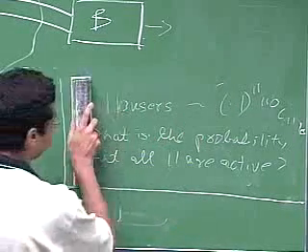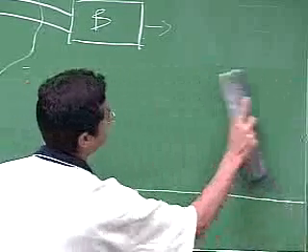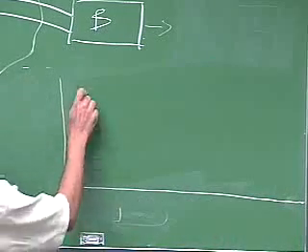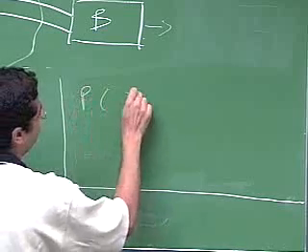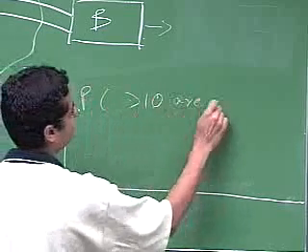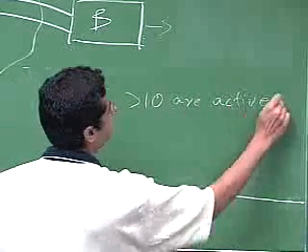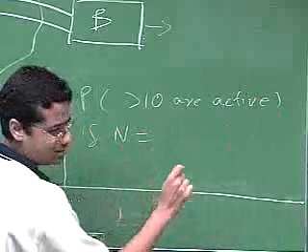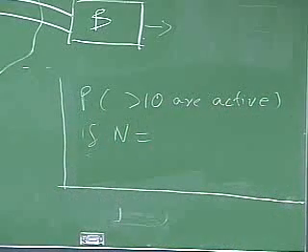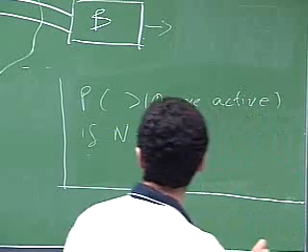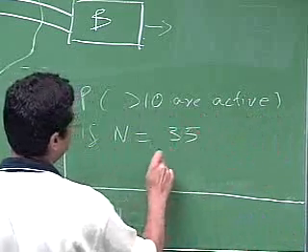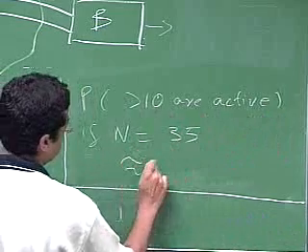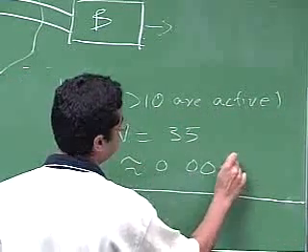Now, the probability that more than 10 are active, if our number of users n is 35, has been worked out to be about 0.004.